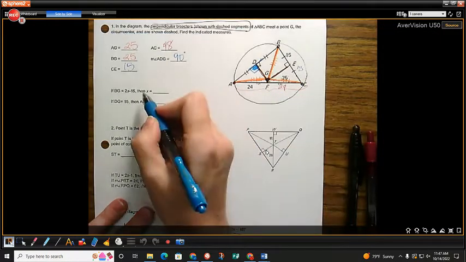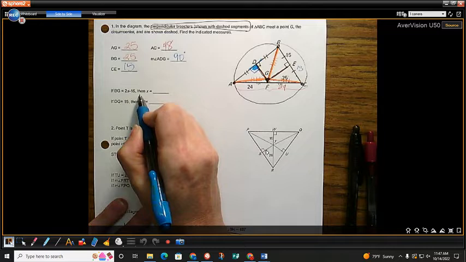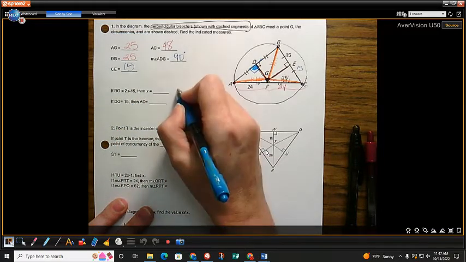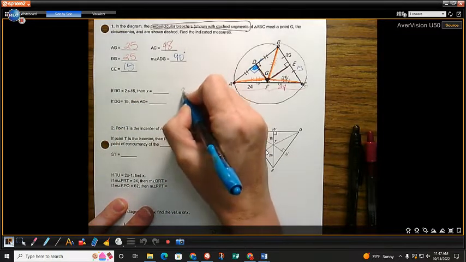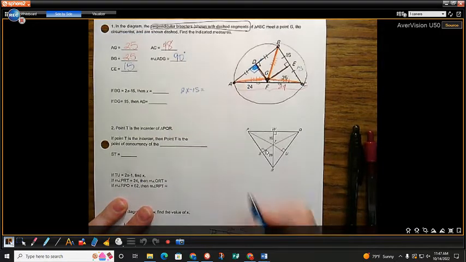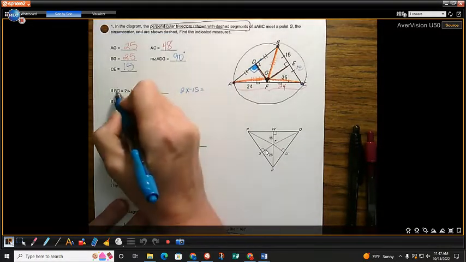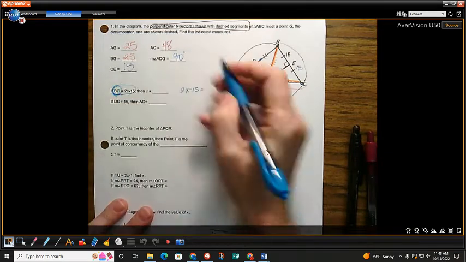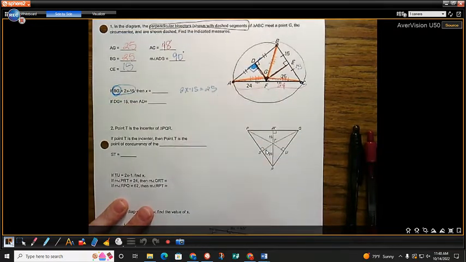So here, it tells you if BG is 2x minus 15, then how big is x? Well, how big is BG? It was 25, so that's something I could solve.